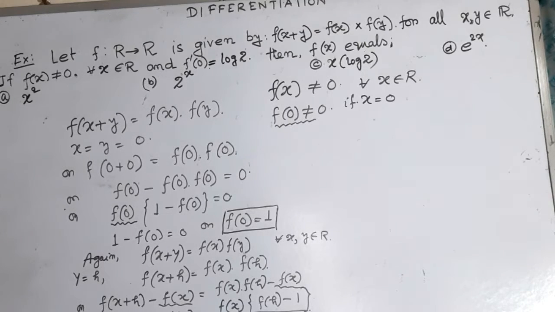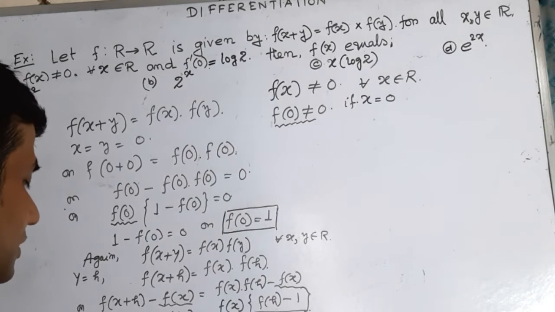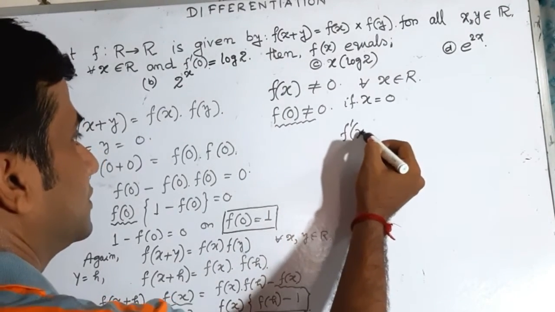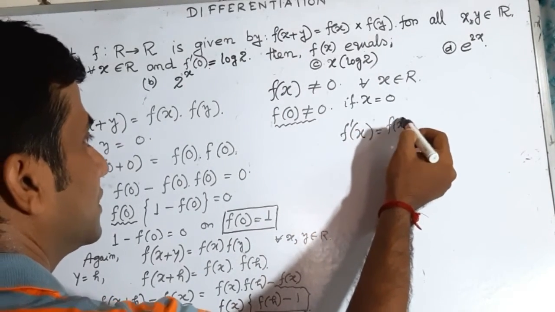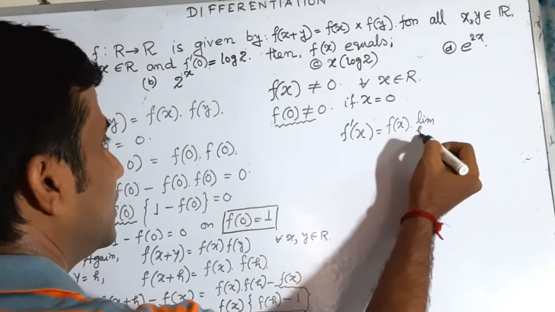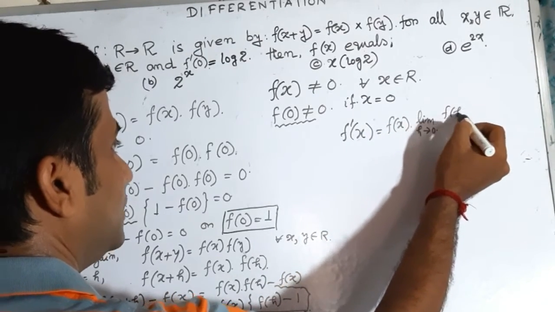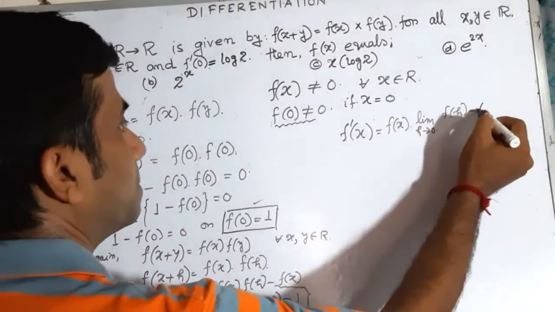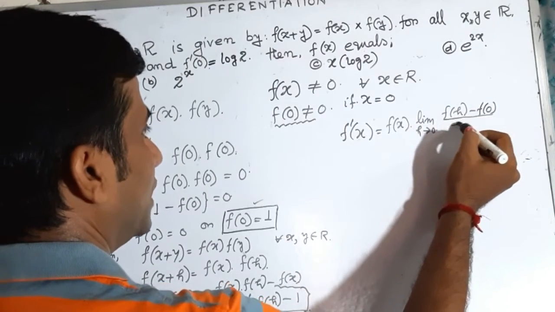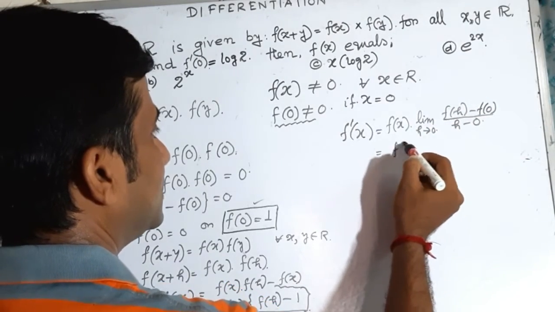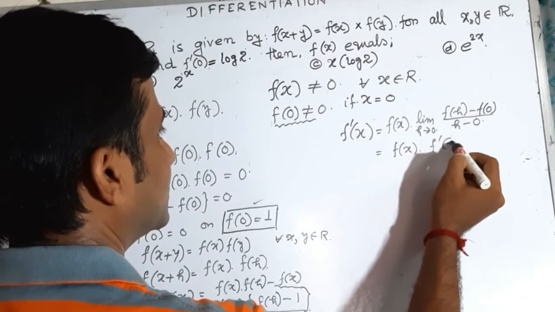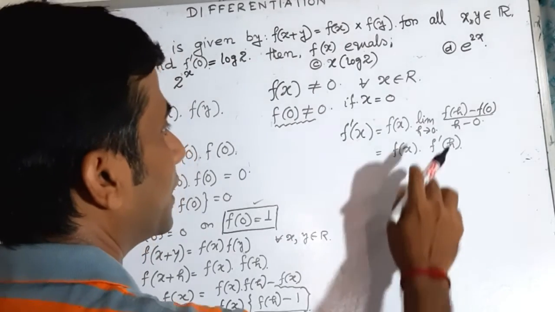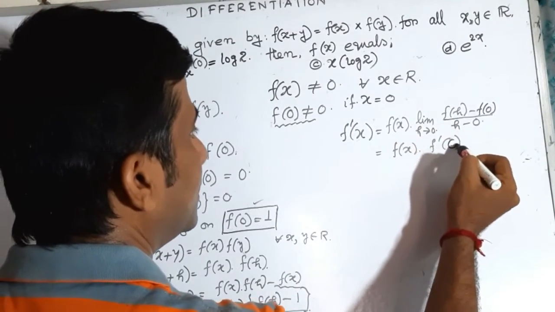So by definition, what we know is that this is f dash x, and this is equal to f of x into limit h tends to 0, where 1 means f of 0, f of h minus f of 0 by h minus 0. That means this is equal to f of x into f dash 0.